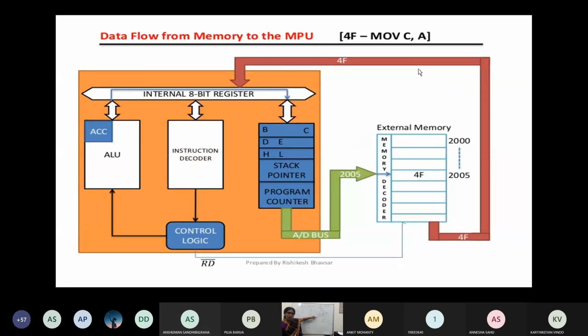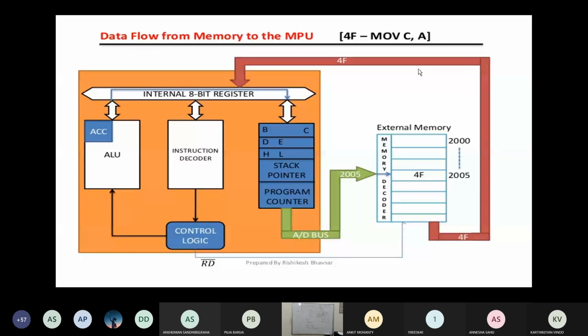So instruction decoder, what its job is, it decodes whatever it got. So this got what? 4F. Now 4F means, it is an opcode. So when an opcode is there, then it will go and check its list. Oh, opcode 4F stands for move B, C. So that job will be performed.